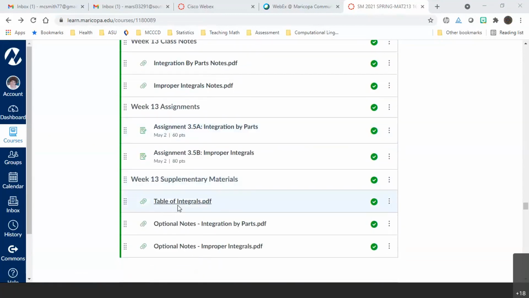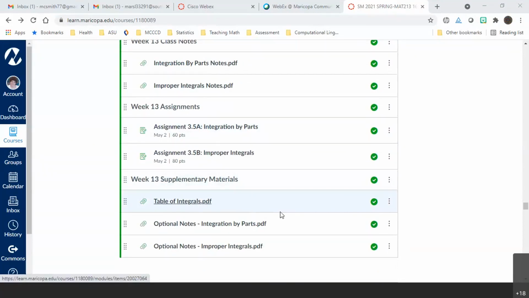In the supplementary materials, I would like to point out this table of integrals, which I may refer to at some point. Integration, as we said before, is a little harder than taking derivatives, and sometimes a table of integrals is just a cheat sheet. If your integral looks like this, here's a way you can integrate it. Just copy the pattern. It really is that simple.